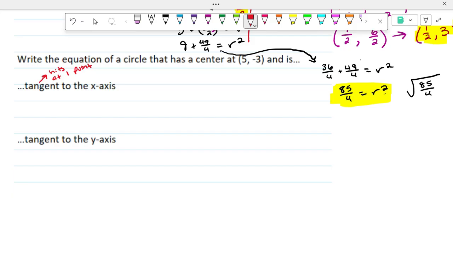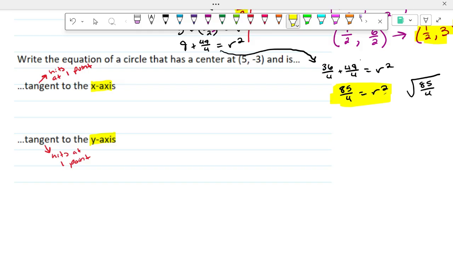So it hits at one point on the y-axis, and then it hits at one point on the x-axis. So that's what tangent means. It means it hits at one point. So it's a line that hits the circle at one point. So in other words, those lines are our x-axis and our y-axis.